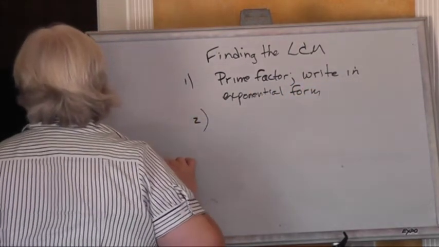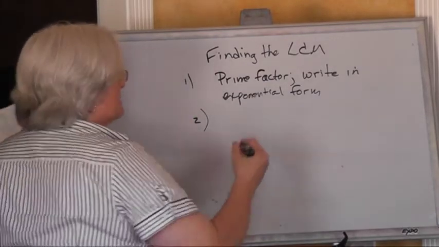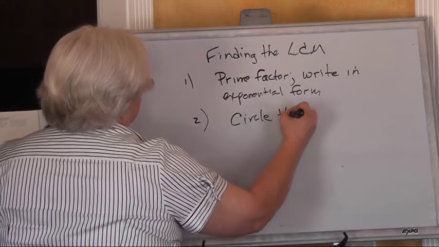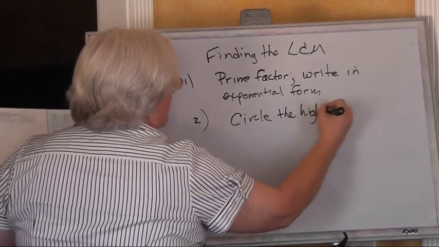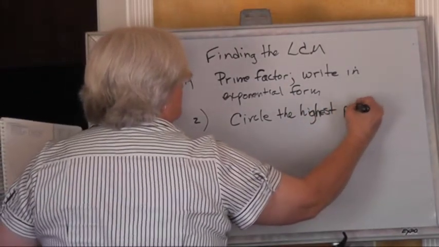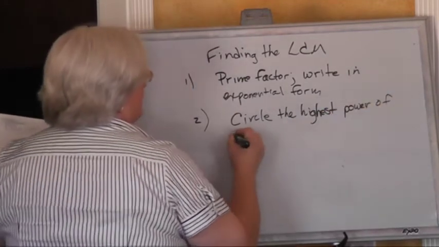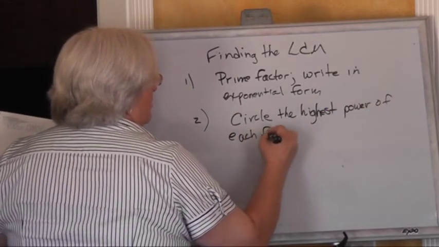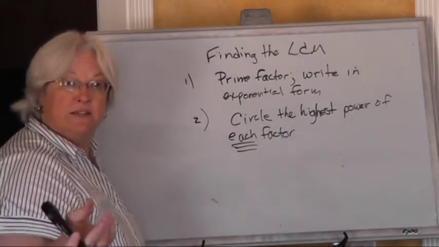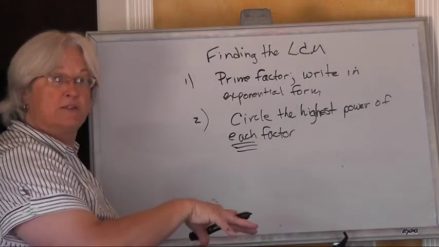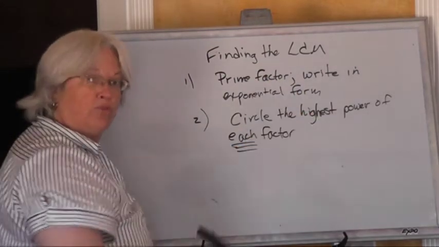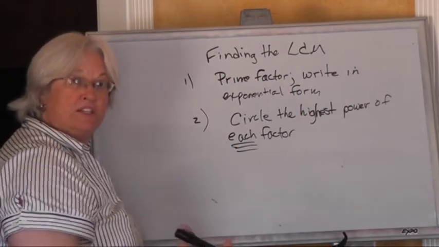Secondly, what you want to do is circle the highest power of each factor. This is not the highest power that they have in common, but circle the highest power of each factor. Remember when we came up with 5,166 being the least common multiple of our last problem? We had a factor of 7 in one number, a factor of 41 in another number, but we still had to use them.